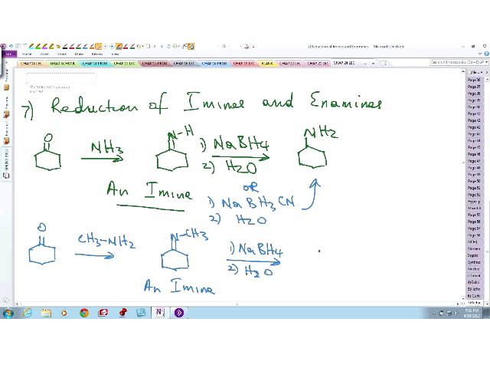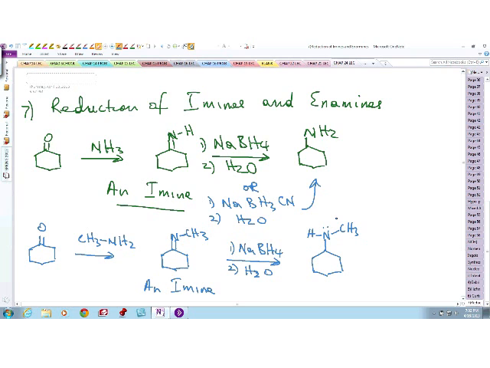This time you get a secondary amine. So this is the first method we have given you for making a secondary amine.